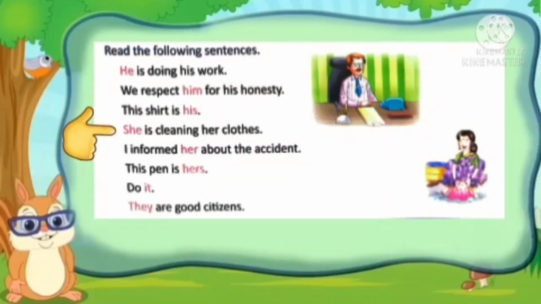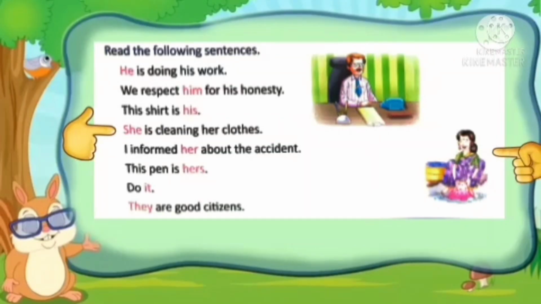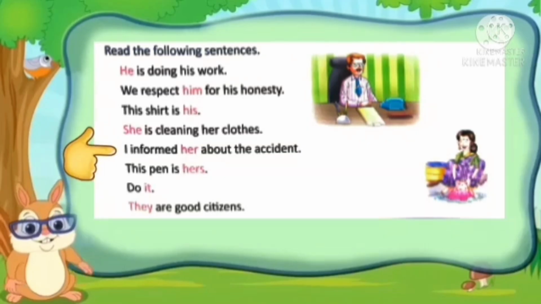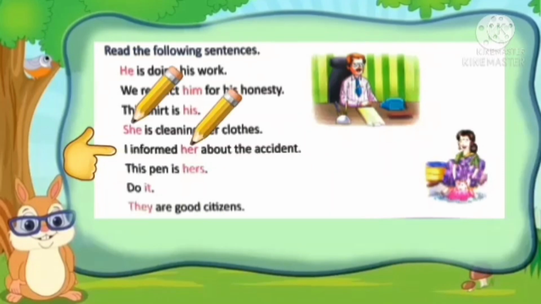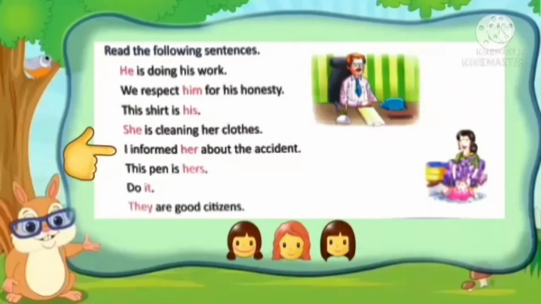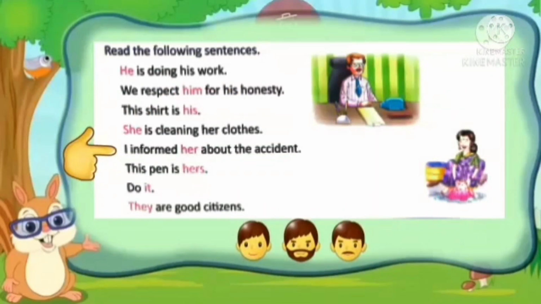She is cleaning her clothes. वह अपने कपड़े साफ कर रही है. I informed her about the accident. मैंने उसको इन्फॉर्म किया about the accident. Now here she and her is related to a female, a girl or a woman. And he, him, his are for the male, like boy, men.